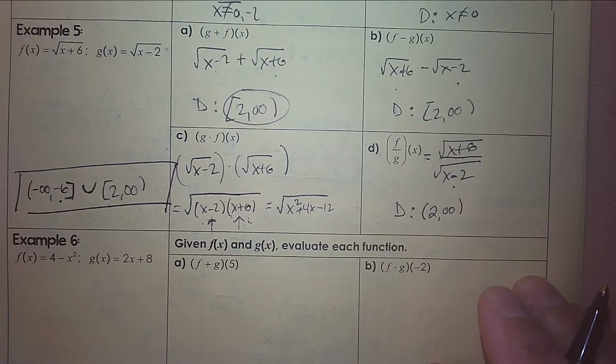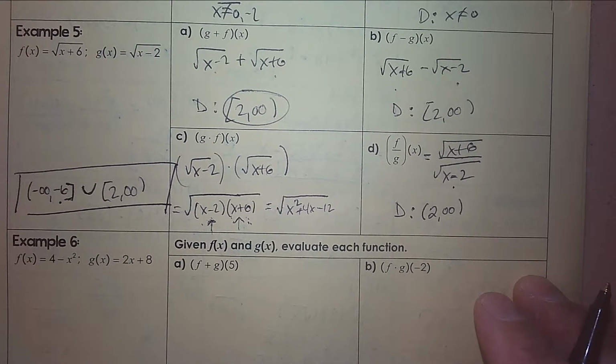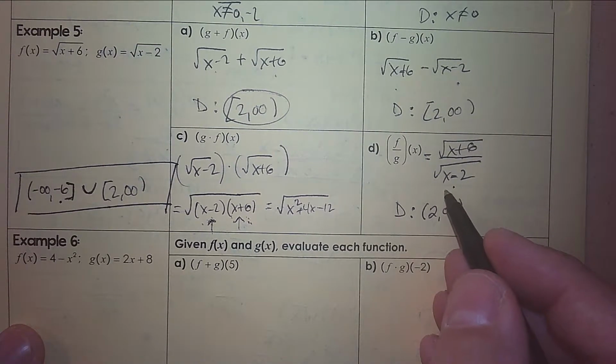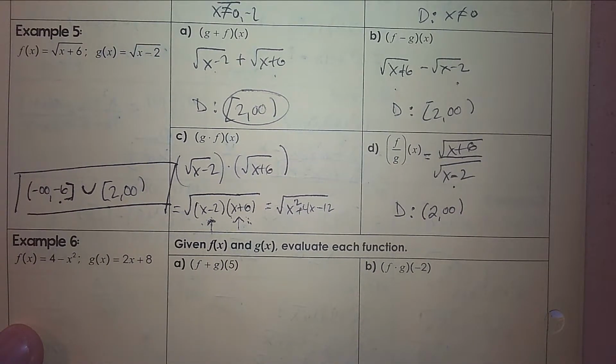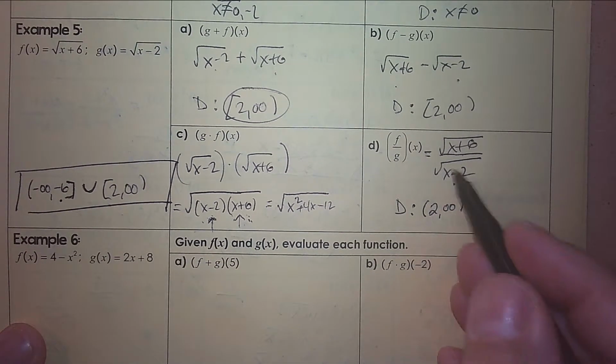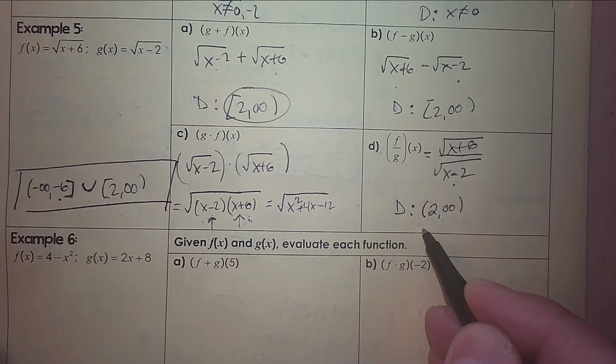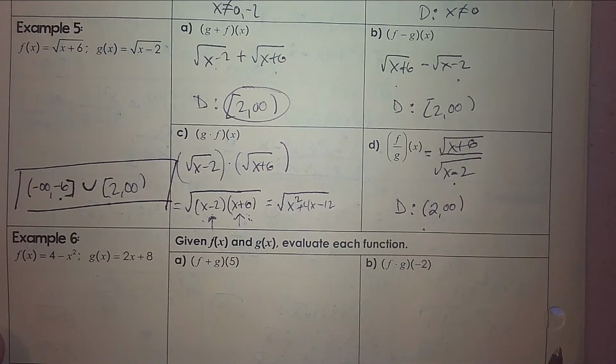Do you know why I put a parentheses around 2? Is it included or not included? Why is 2 bad for the domain? It'd make it 0, right? So before 2 is okay because it wasn't in the denominator. But because now it's in the denominator, I don't include 2. Man, those are good questions. All right.